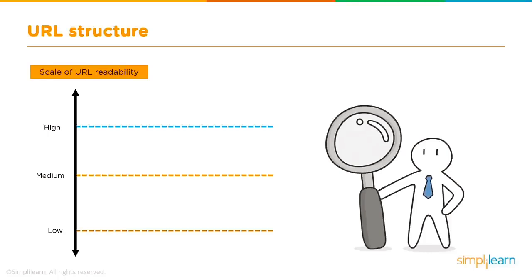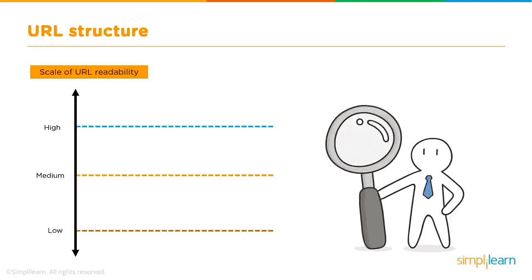As an end user, I need to have confidence in knowing where I'm going once I click on a link in the search engine results. If I don't understand what the URL is, then the search engines aren't going to understand either. And it's not going to bode well in terms of relevancy. The URL structure is an important factor for being relevant, and if we're not relevant, then the chances of us ranking higher are not going to be as good because our URL is not readable.